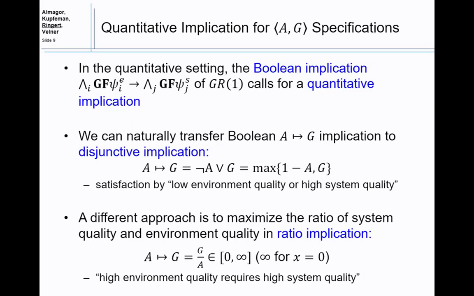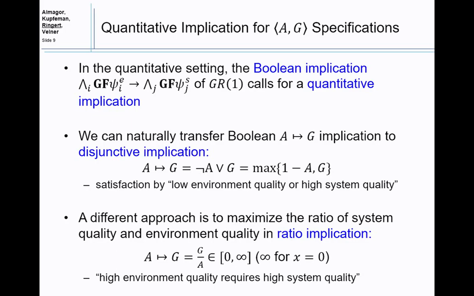So we have the maximum of 1 minus the value of the satisfaction of the assumptions and the satisfaction of the guarantees. So if we get a bad satisfaction of the assumptions, then we have a high value that comes out, or we have a high value of the guarantees, then the synthesized value would also be high.